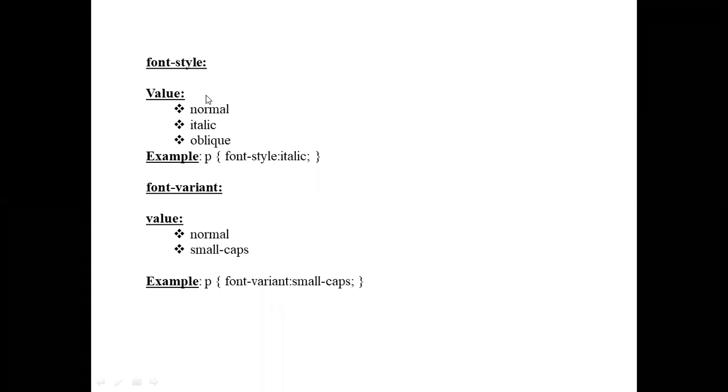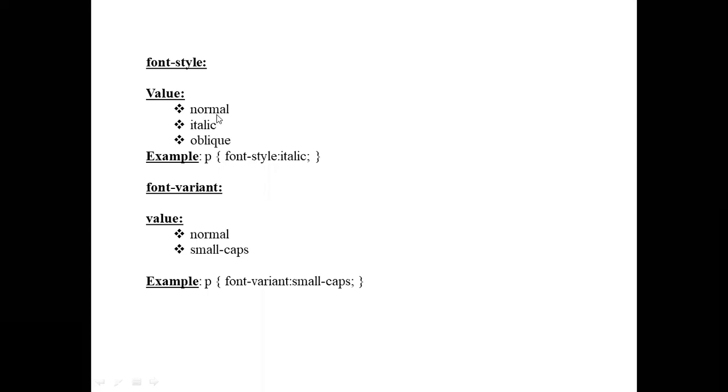So the font style property is used to specify whether the letter shapes are vertical or slanted. Three types of values for this property: first one normal, second one italic, third one oblique.